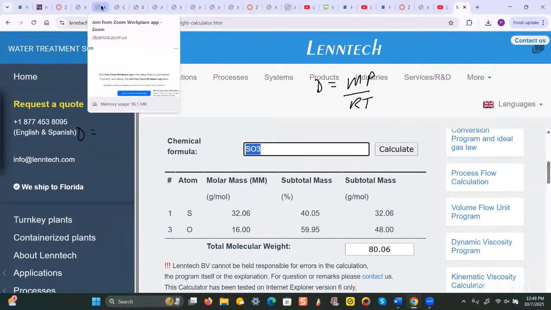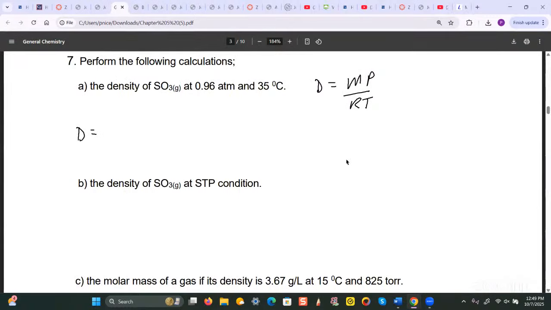All right. So 80.06 grams per mole multiplied by the pressure.